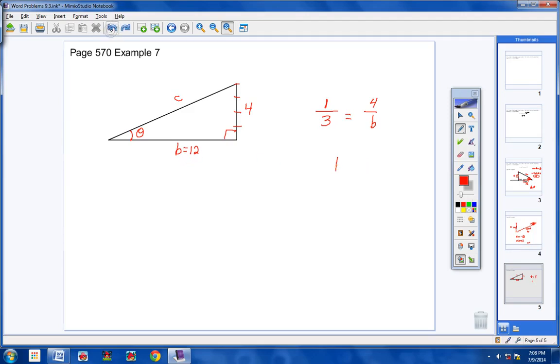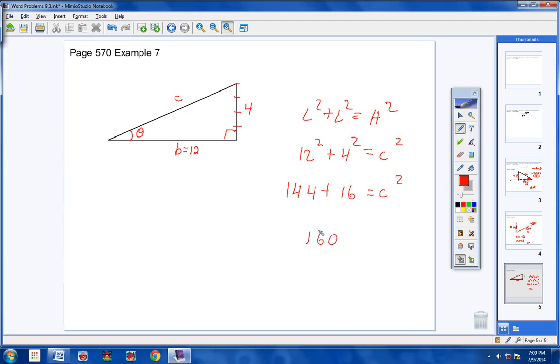And now to be honest with you, to find c, that's just Pythagorean's theorem. We can do this very quickly. Leg squared plus leg squared equals hypotenuse squared. So one leg is 12, the other leg is 4, the hypotenuse is c. 12 squared is 144, 4 squared is 16. If you add those together, you will get 160.